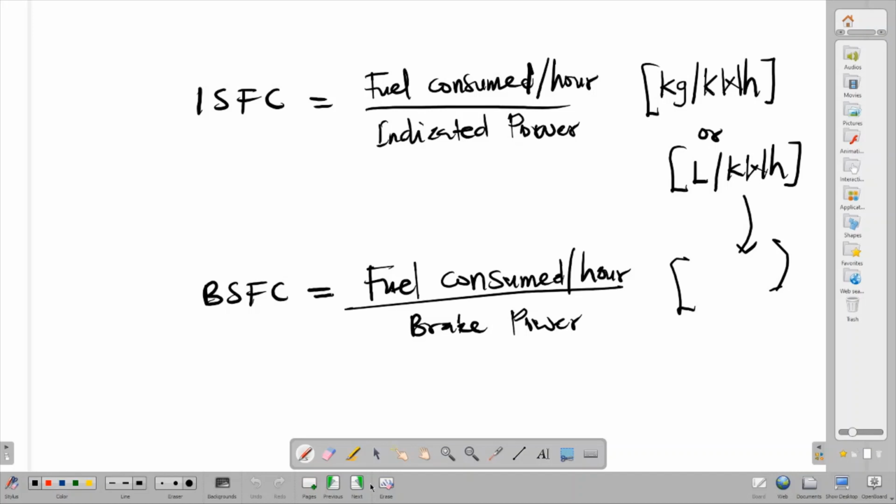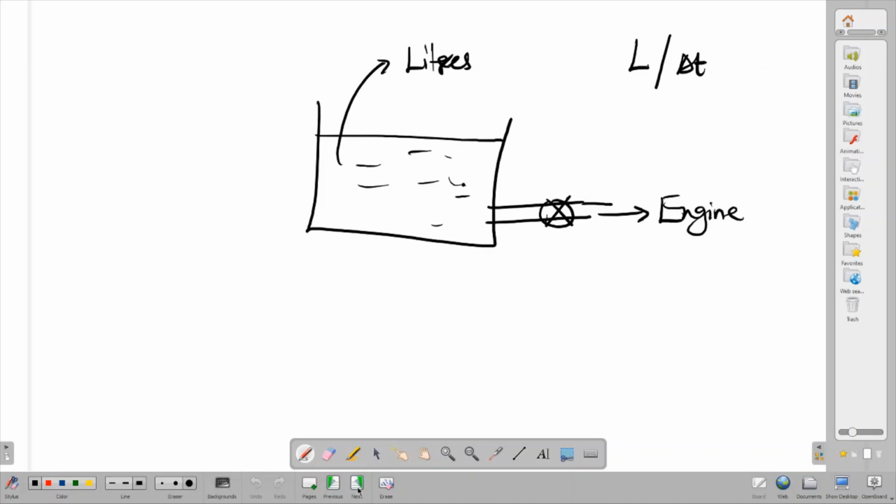We also went on to talk about how we can measure the fuel consumption on a test bench. We can do this by taking a known amount of fuel and supplying it to an engine, and using a stopwatch to measure the time that it will take to expend it.